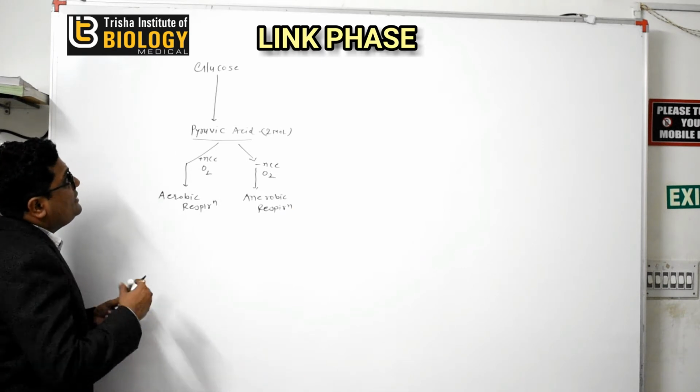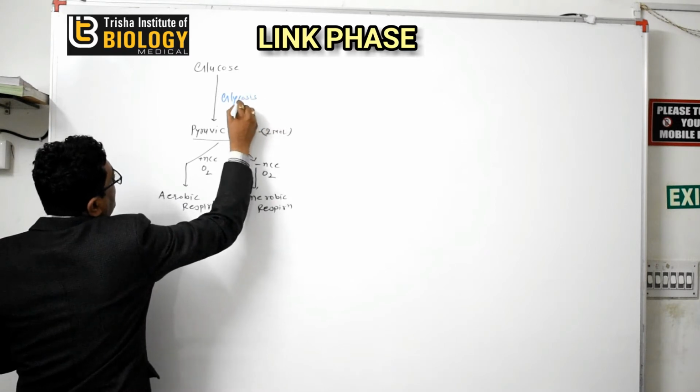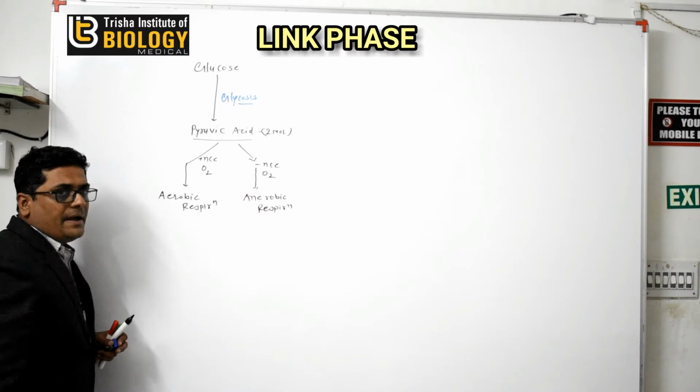As we discussed earlier, the glucose undergoes breakdown with the help of glycolysis and forms 2 molecules of pyruvic acid.